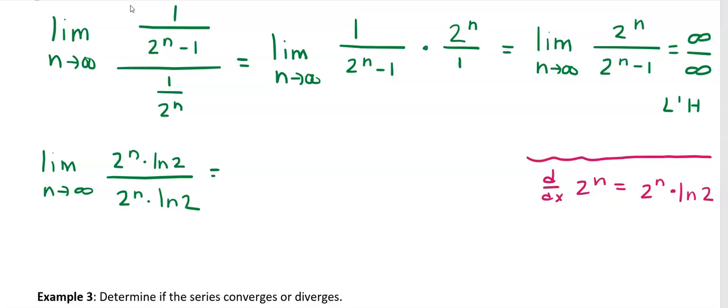Now, this of course would simplify to 1 over 1, and our limit would then become 1. So our limit is converging to the number 1, which is greater than 0. So we can apply this limit comparison test.